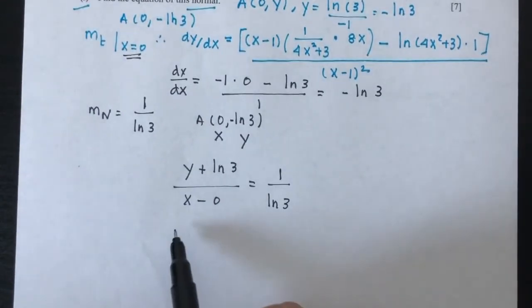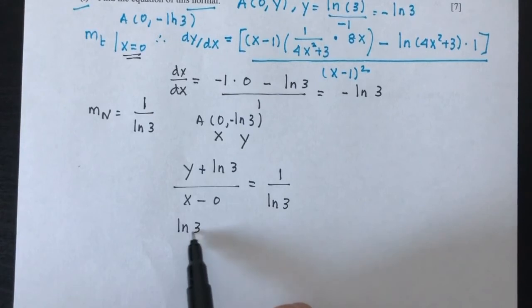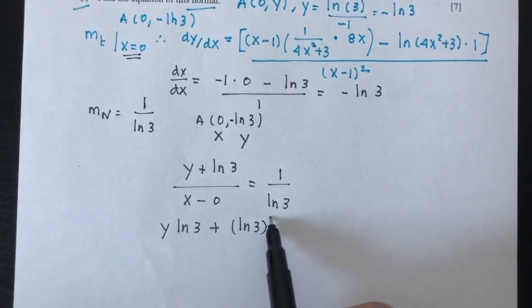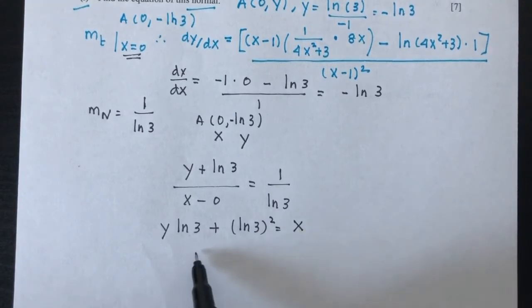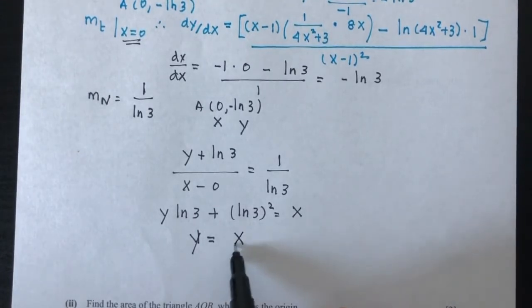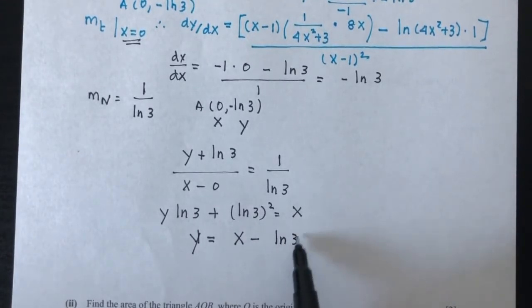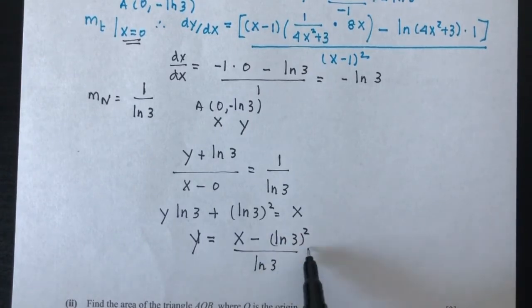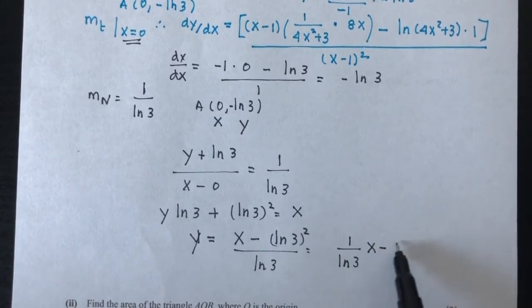Now we cross multiply, you will have ln 3 times y, plus ln 3 square is equal to x. So we have y is equal to x minus ln 3 square divided by ln 3. That is equal to 1 over ln 3 x minus ln 3. That is your equation of your normal.